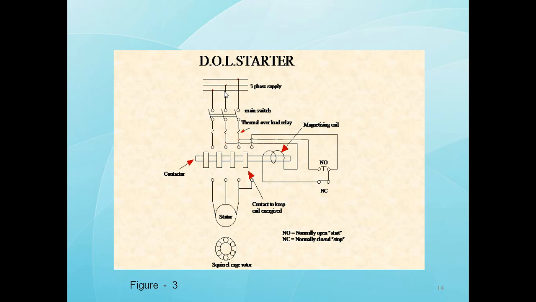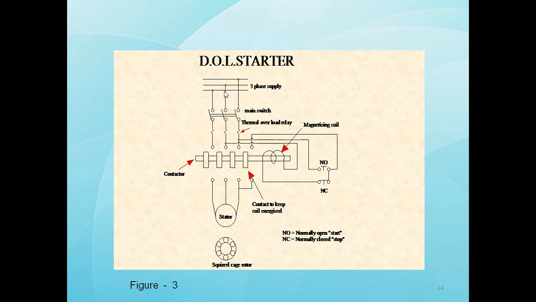The start or on button is a contactor switch and is held normally open by a spring. The off or stop button is normally closed by a spring.